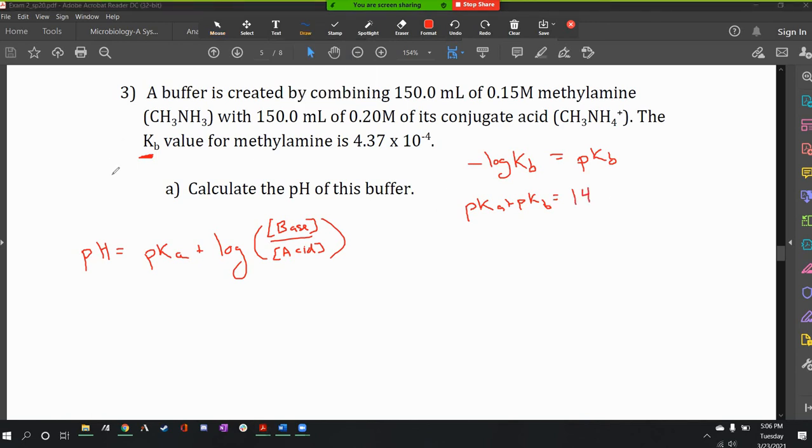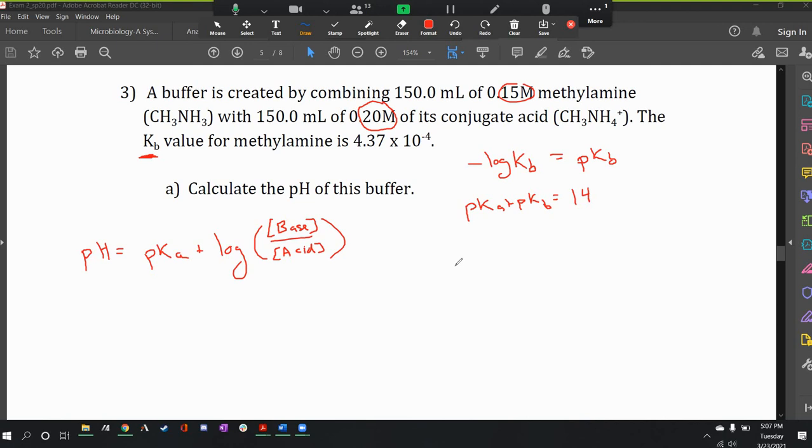So here's how I would trace this out. I know I can use the Henderson-Hasselbalch equation to find the pH of the solution. That is pKa plus log of base over acid. Unfortunately, I am given the concentration of acid and the concentration of base, but I'm given a Kb value, which is not even a pKb value. Remember that just like how pH comes from taking the negative log of the H3O concentration, you can do the same thing to Kb values and Ka values to create what's called a pKb or a pKa.